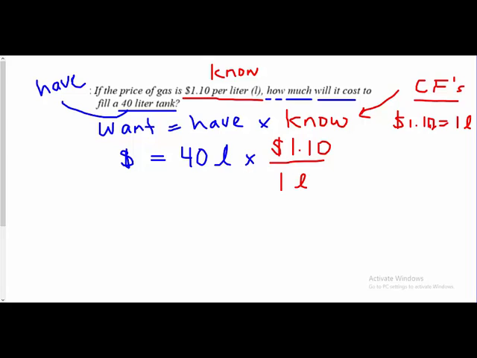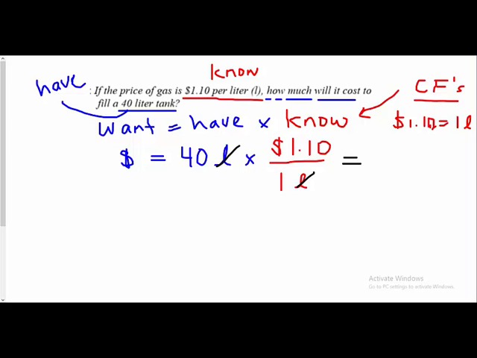And right away, cancel out those units. Get rid of liters, and now I can see that the only unit I haven't canceled is dollars. And so I'm ready to calculate this answer out, okay, because what I want, in dollars, is the only unit that I have left now in my calculation. So it's 40 times 1.10 divided by 1.